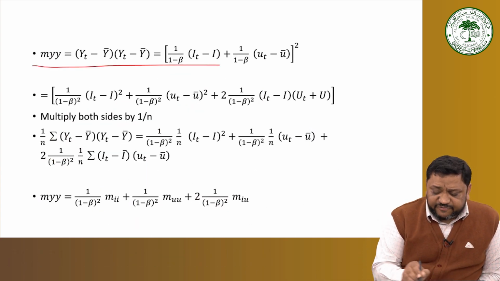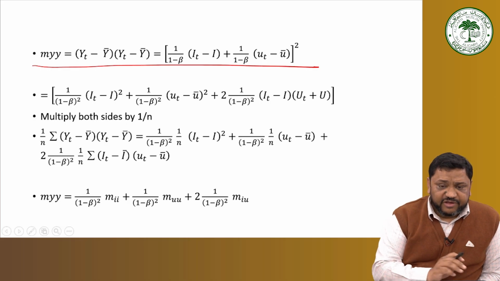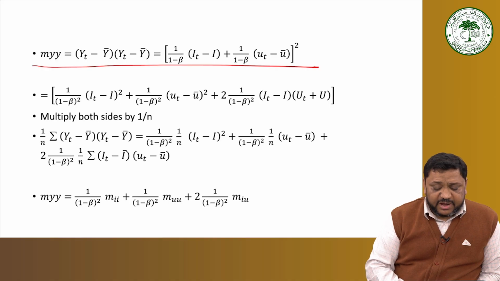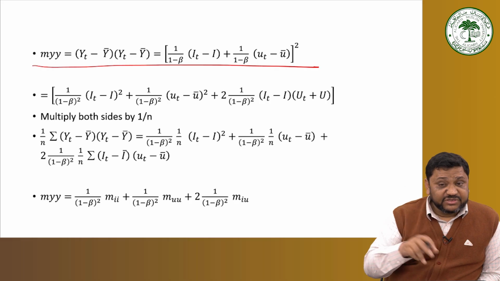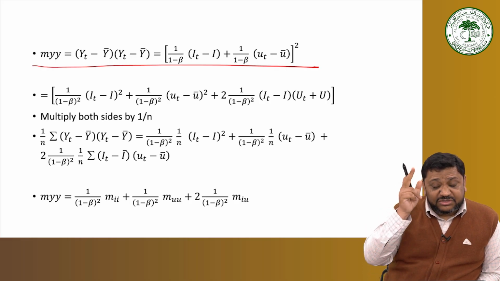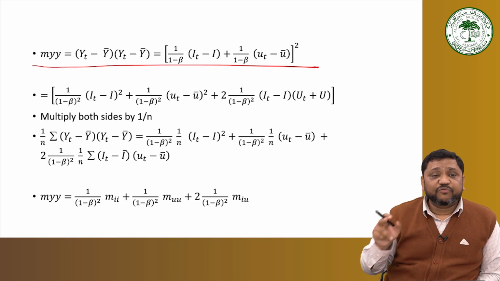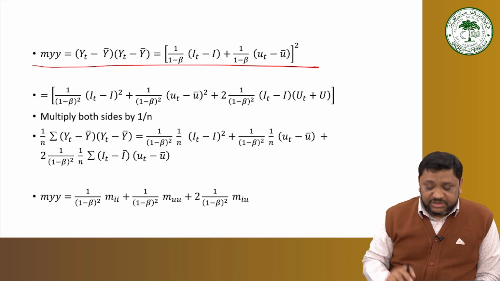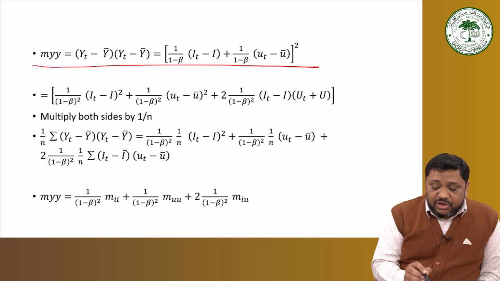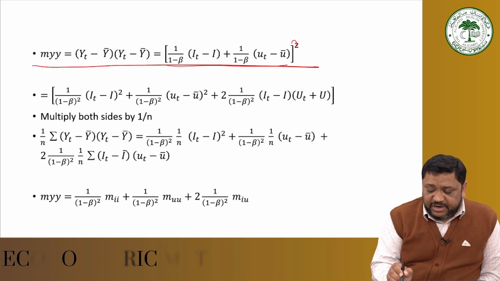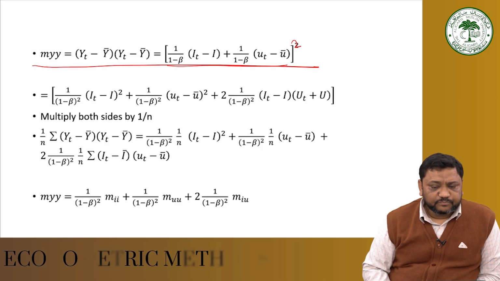Similarly, we will write it for myy. Myy we have (yt minus y bar) and (yt minus y bar), and we have seen that yt minus y bar was equal to 1 upon 1 minus beta (it minus I bar) plus 1 upon 1 minus beta (ut minus u bar). So now since there is a square, we are writing a square over here.